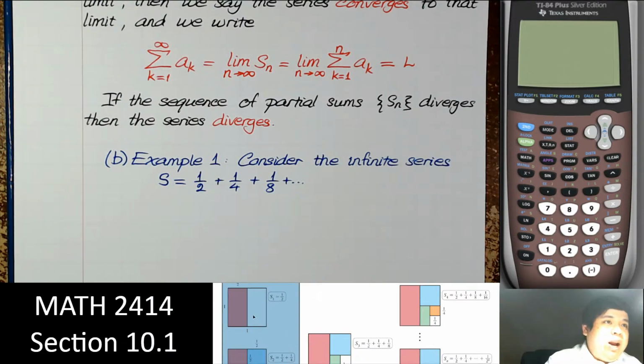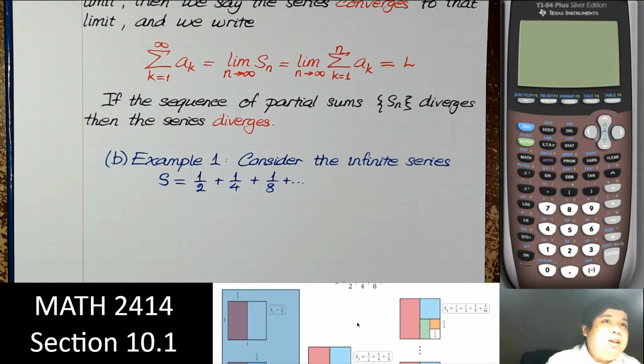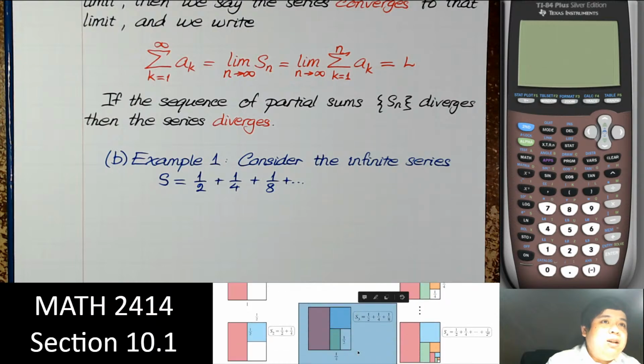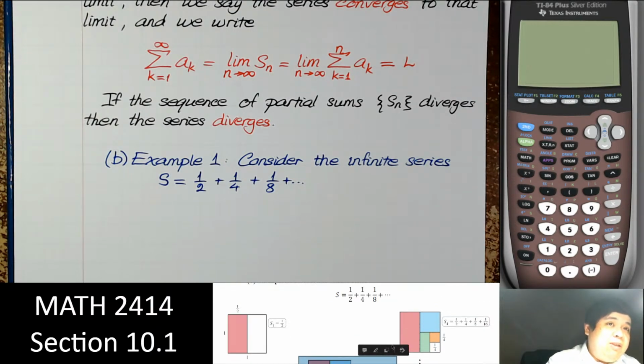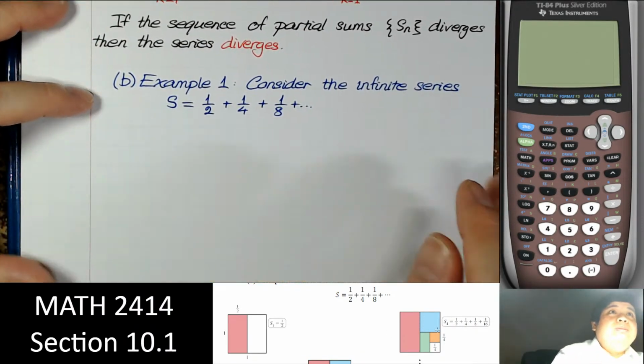If we have the graph over here, so we have 1/2, and after that we have a half of a half, and then a half of a half of a half, and then we just keep adding to it. So bottom line is, instead of doing it like this, think about it this way.